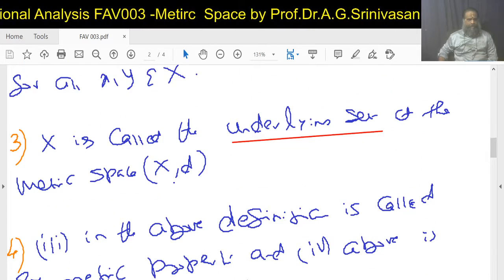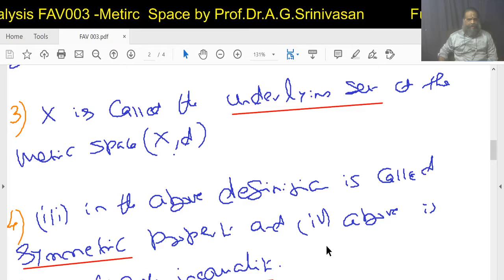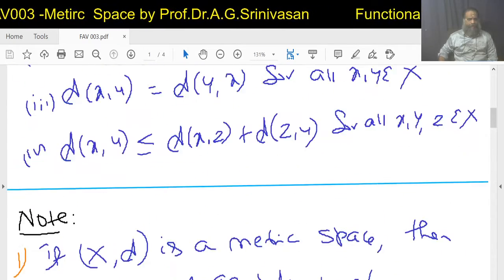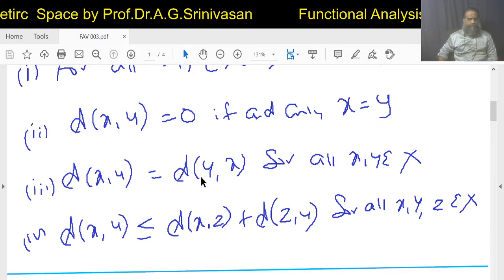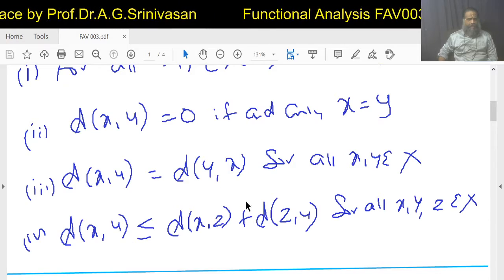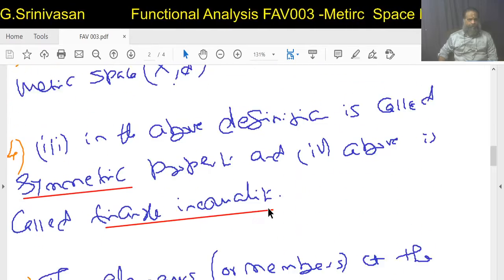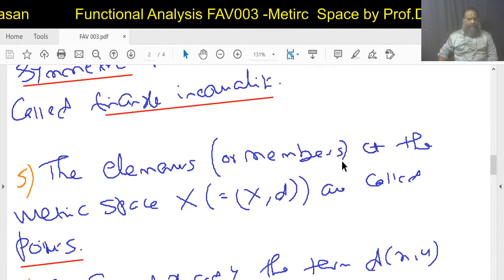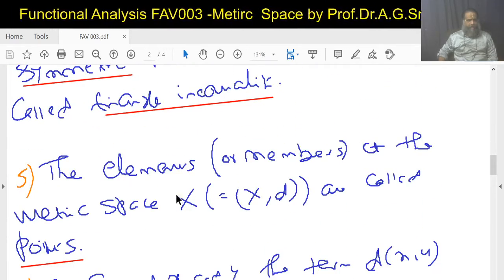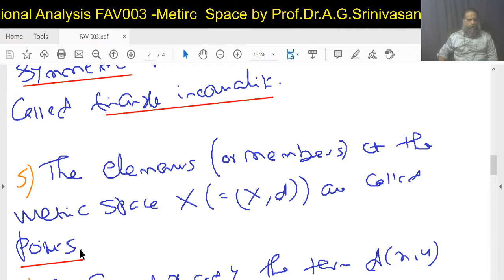Axiom 3 in the above definition is called the symmetric property, and axiom 4 is called the triangle inequality. Five, the elements of the metric space (X, D), which we are going to call X, are called points.